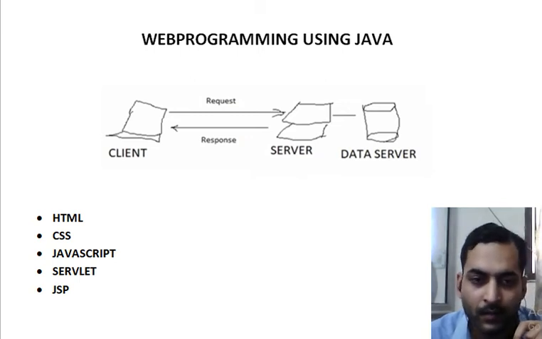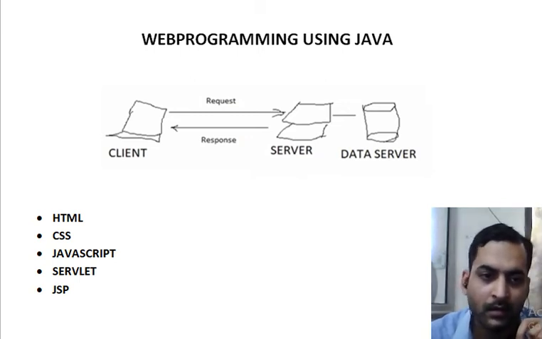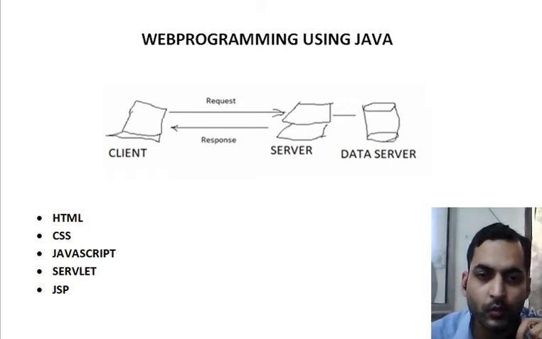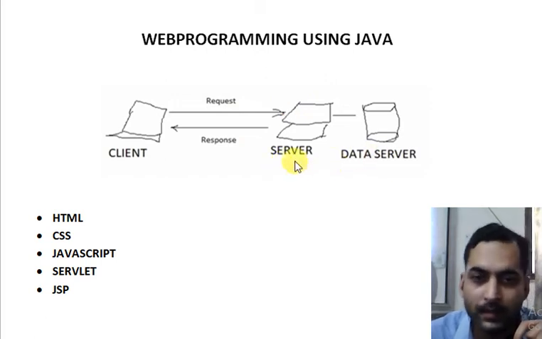So using servlet and JSP, we can develop the dynamic web page. If we further define the servlet, a servlet is simply a Java class which is used to extend the capability of a web server. What is the meaning of extending the capability? Without the help of servlet, it can serve only static pages.